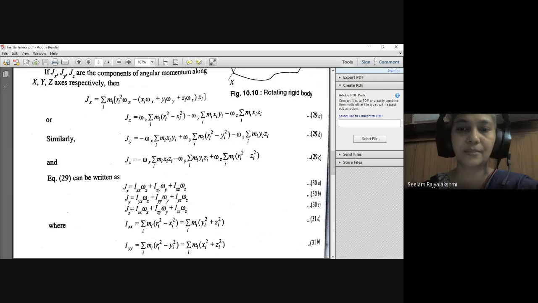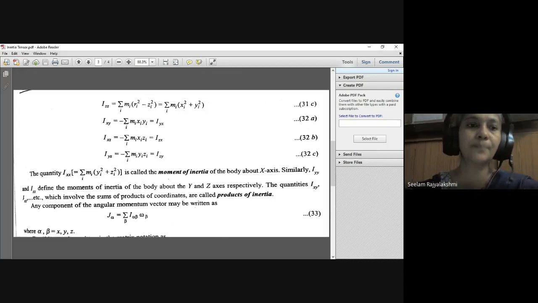These are equations 30a, 30b, 30c, for which we replaced Ixx, Iyy and all those terms from equation number 29a. So the quantity Ixx is equal to sigma i mi (yi square plus zi square), which is called the moment of inertia of the body about the x-axis.